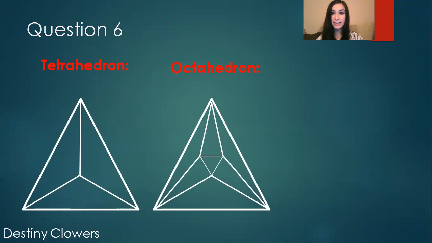So let's go ahead and count these sides as well. We've got 1, 2, 3, 4, 5, 6, 7. And then this whole face right here equals 8. So therefore, we have successfully drawn an octahedron.